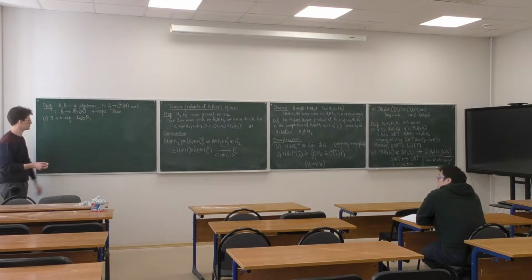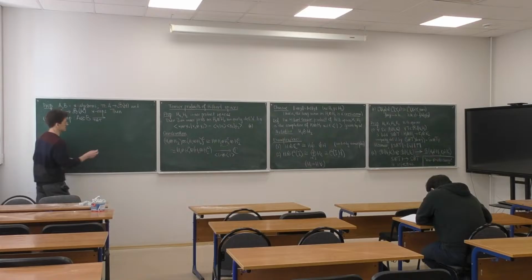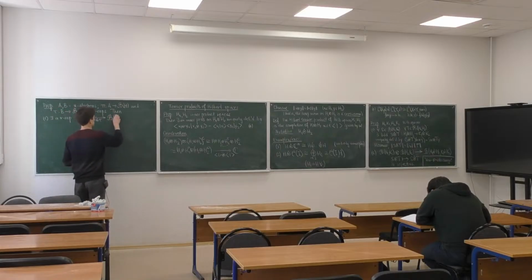They are just star algebras, so this is also a star algebra. And there is a star representation of this algebra, which will be denoted π ⊗ τ, and it acts on the Hilbert tensor product H ⊗ K.